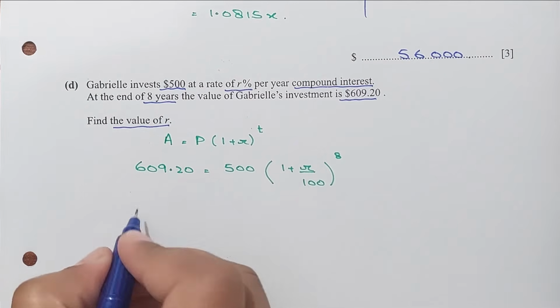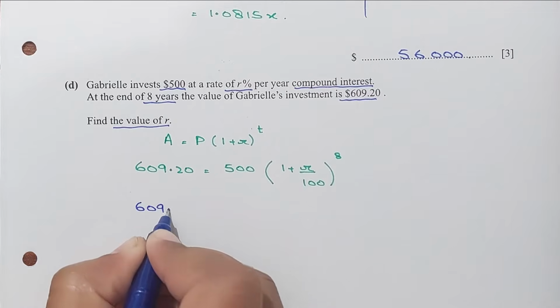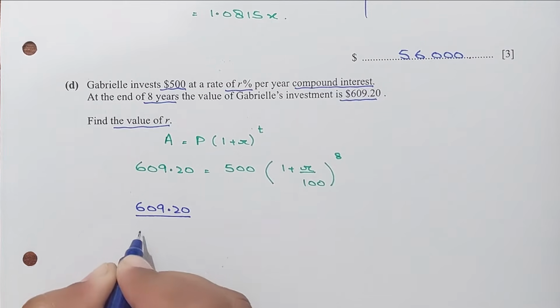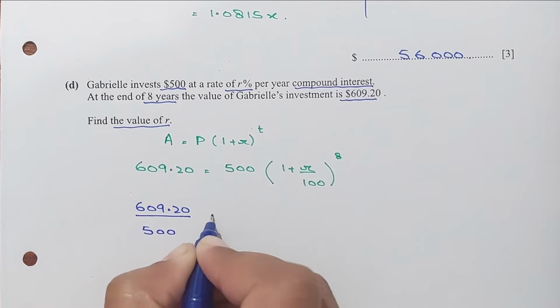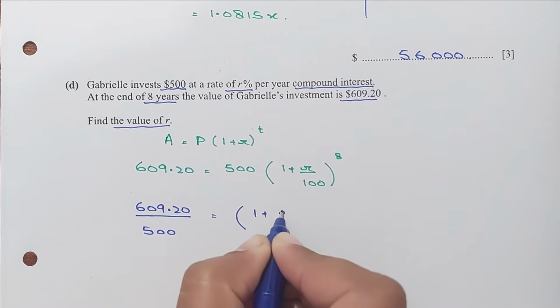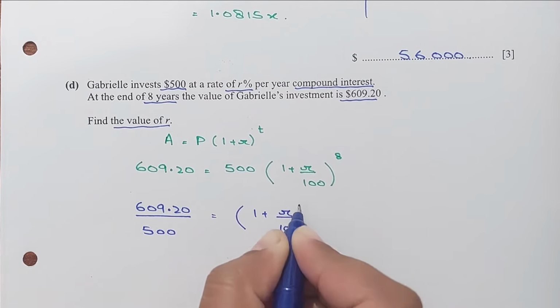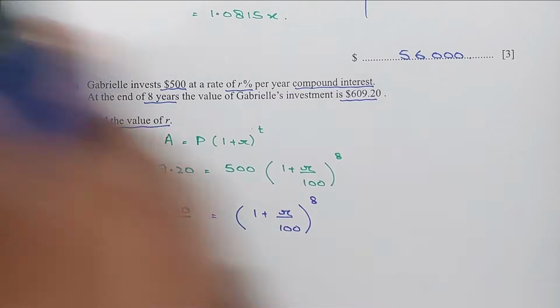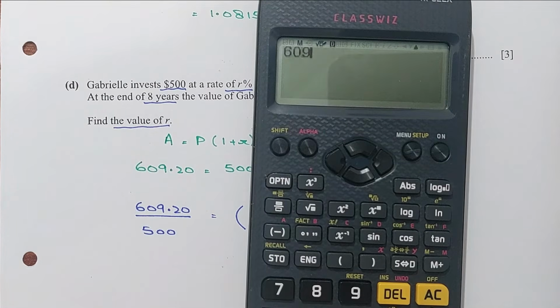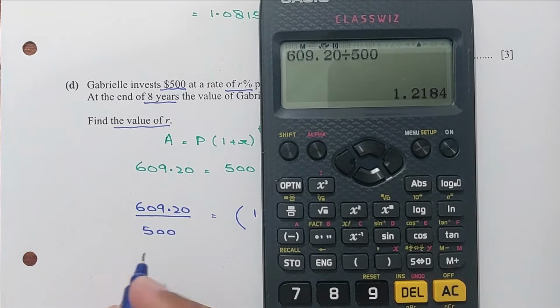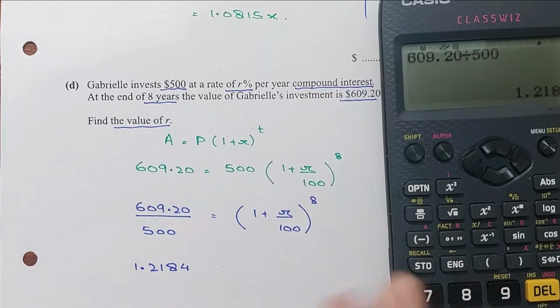So let me divide both sides by 500. 609.20 divided by 500 equals 1 plus R over 100, its exponent is 8, right? 609.20 divided by 500 is 1.2184, which equals 1 plus r over 100, its power is 8, right?